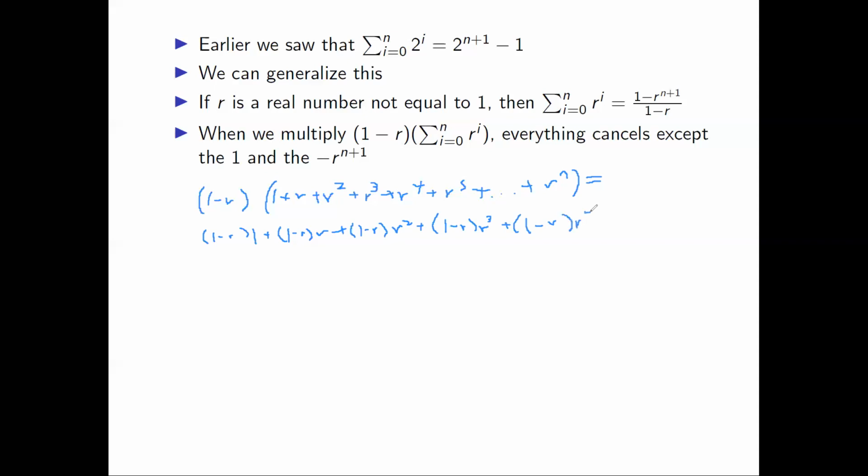I'll just do a dot, dot, dot after this one, I guess. And then plus 1 minus r times r to the n.